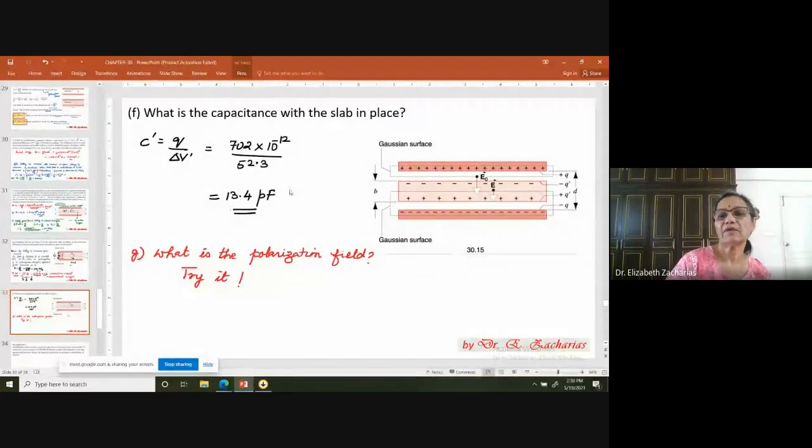Then next, what is the capacitance? Is the next question. Capacitance is charge divided by potential difference. Charge is a constant, put that. Potential difference is this. You get the new capacitance. Similarly, you can also find the polarization field. Polarization field also you can find out if you are interested. You can try that yourself.